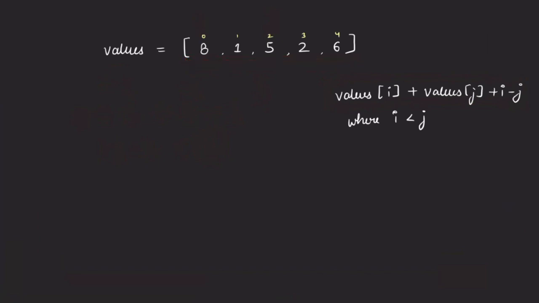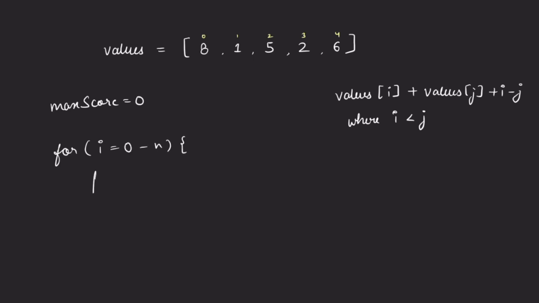So now how are we going to solve this? One simple naive or brute force approach is that I will take into consideration each pair of the values array, apply this formula and find the maximum value. If I try to write the pseudo code for that, I will take a variable max score, which will be 0 initially, and then run a for loop of i starting from 0 till n.